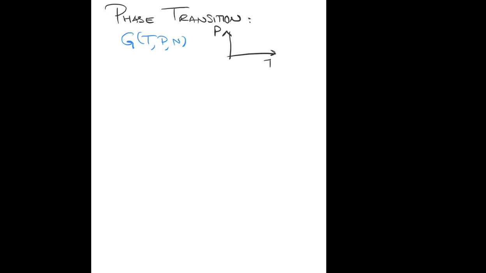So here's P and here's T, and there's some kind of phase transition line in this plot. At the phase transition itself, the pressure on both sides is the same. That's clear from the way it's plotted, because it's just a line, there's no coexistence.